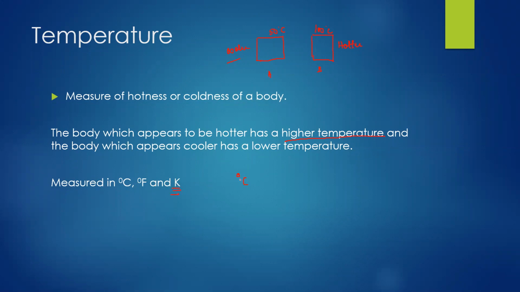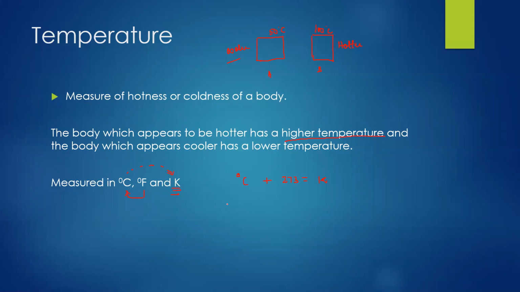To convert degrees Celsius to Kelvin, you simply need to add 273 and you'll get Kelvin. When we talk about degrees Fahrenheit, we convert degrees Fahrenheit to degrees Celsius, and then that degrees Celsius can be converted into Kelvin. So that is the basic conversion that we follow.